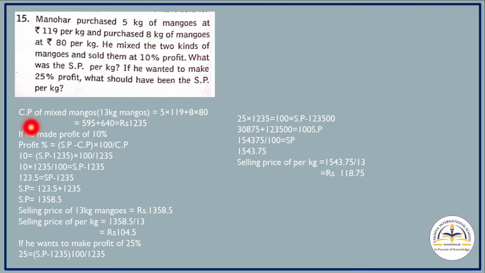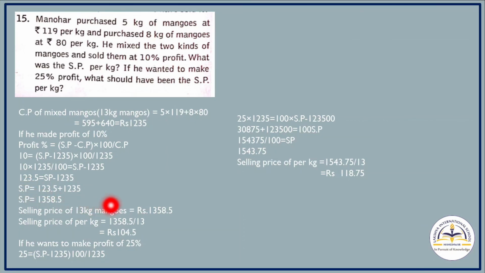Now the cost price of mixed mango, we have to calculate 5 into 119 plus 8 into 80 to calculate the cost of all the mangoes, that will be 1235. And then here it is given 10% profit, so we have to apply the 10% profit percent formula and then we have to find out the selling price.